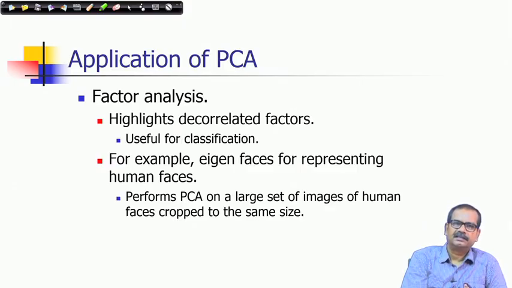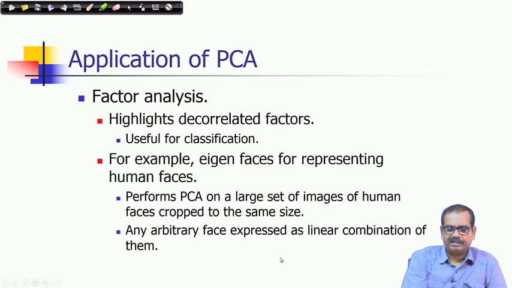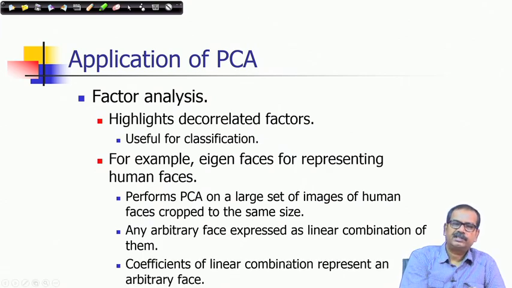Then you perform PCA, and any arbitrary face can be expressed as a linear combination of those eigenfaces. That means, if you perform PCA, you get eigenvectors, and those are called eigenfaces here. The coefficients of the linear combination represent an arbitrary face.